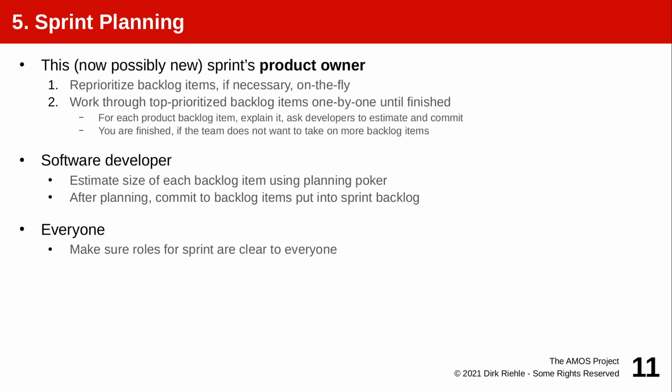And if there were items rejected during review, the product owner may have to reprioritize them. Meaning there were backlog entries that have not been finished, even though the developer thought they were.